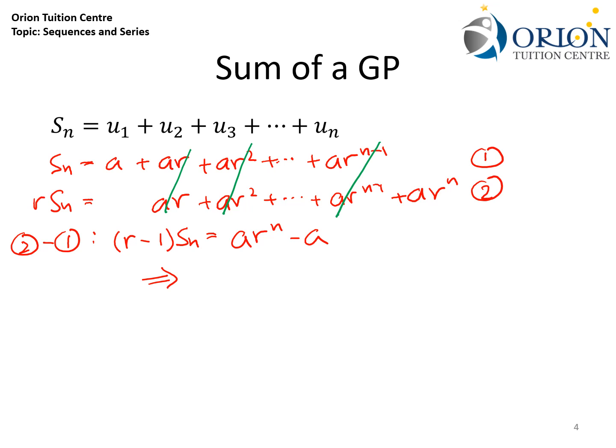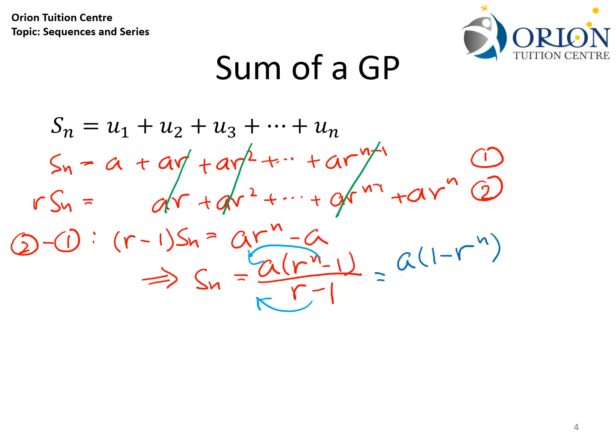And therefore, this gives me Sn equals a times r to the power of n minus 1, divided by r minus 1. Or we can also factorize out the negative signs from within the numerator and the denominator. And this will give us a times 1 minus r to the power of n, divided by 1 minus r.